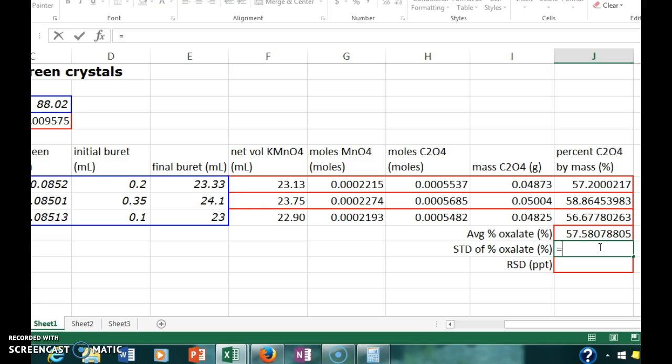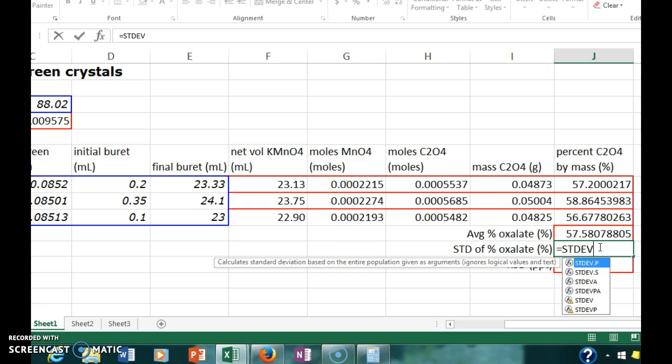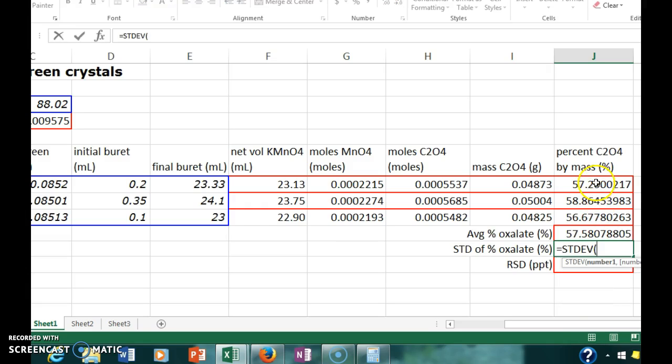And then standard deviation, and select the ones that you need to find the standard deviation of, close parentheses, enter. Relative standard deviation, remember, this will sometimes be called uncertainty. This will sometimes be called relative uncertainty. We just use them interchangeably, and yet we don't usually explain that to you.